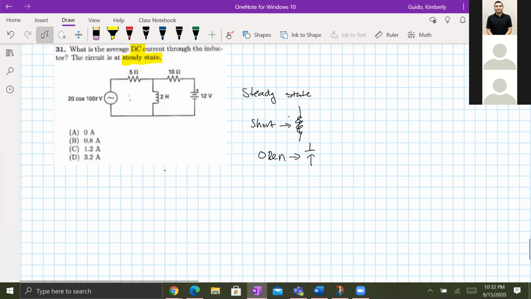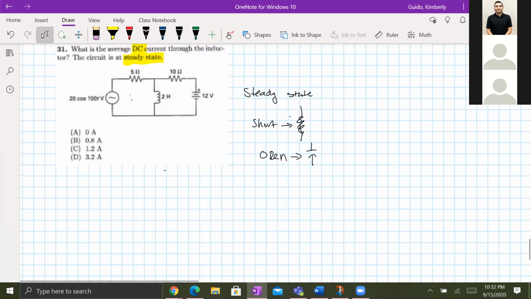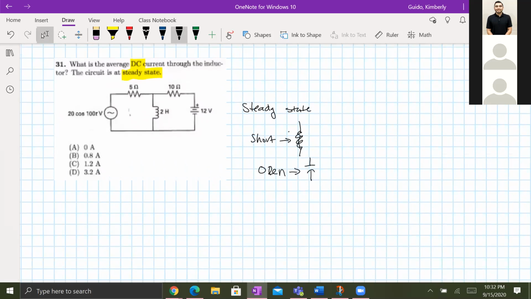You guys can see my screen, right? Yes. Okay, so this is AC and this is DC. Because the keyword says DC current, for this, we only look at this part of the side. So we're going to redraw.